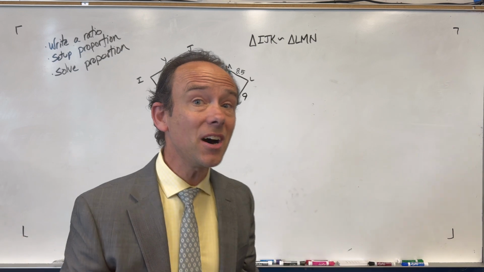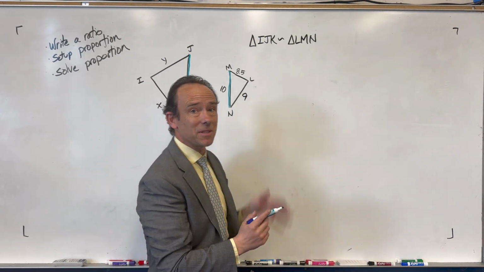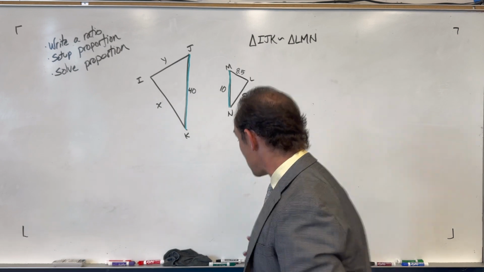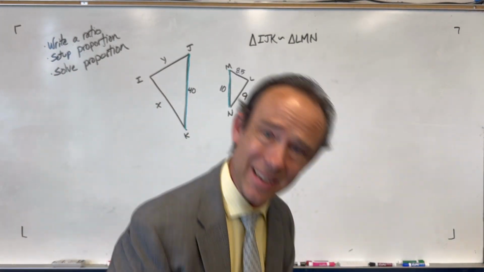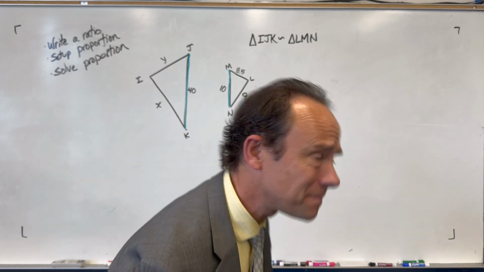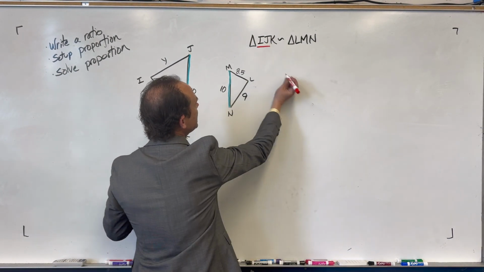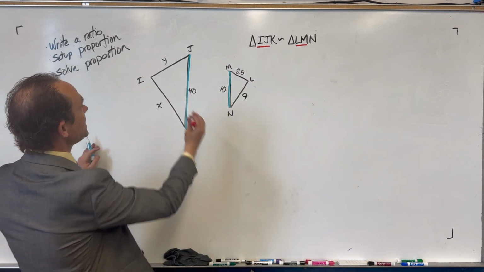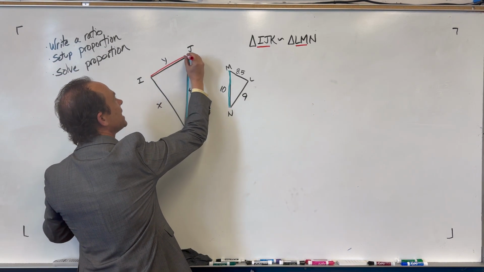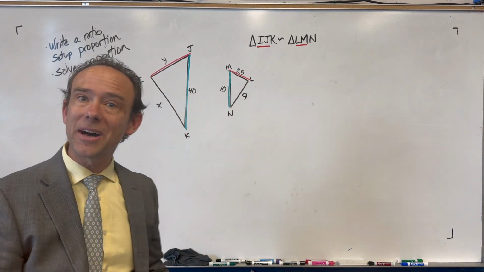But if you can't tell, you have to lean into the similarity statement, because you can't just put those letters in any order you want. The way it's written, by leading off with IJ and LM, that means the side IJ corresponds to the side LM.